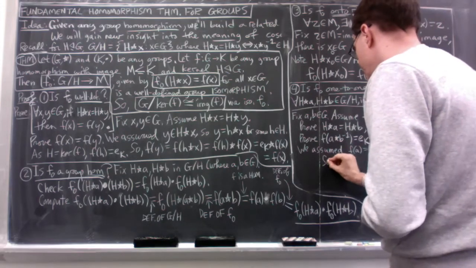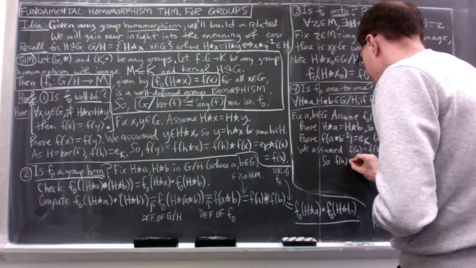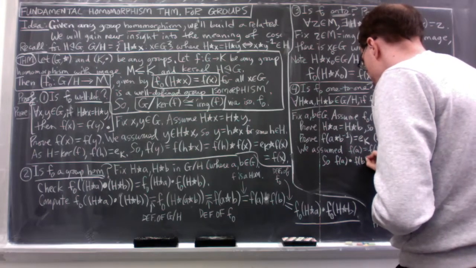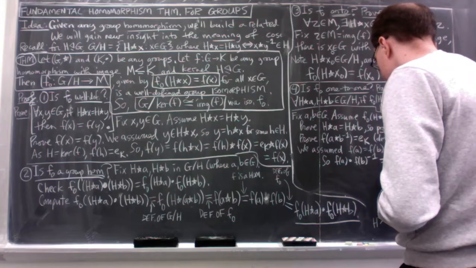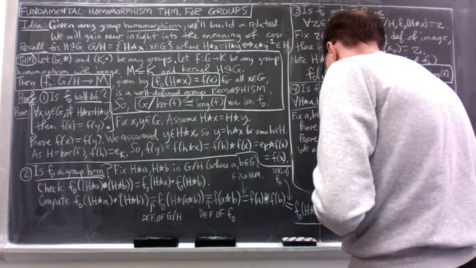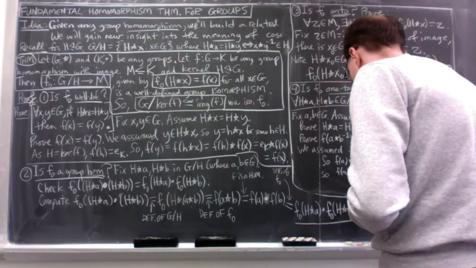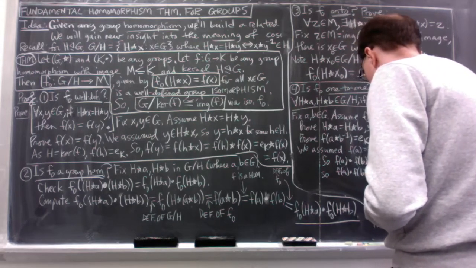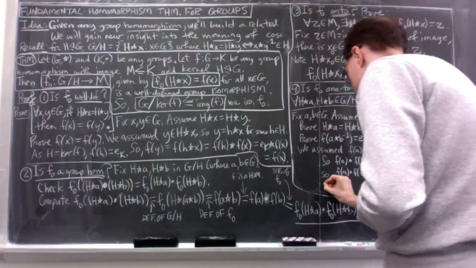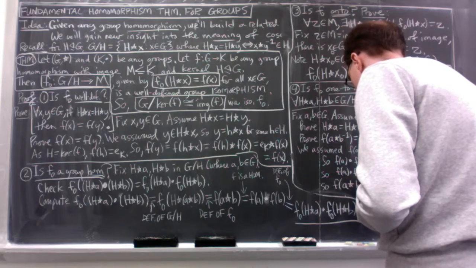But then, by a trick we've seen before, if you multiply both sides in K by f of b inverse, you get e sub K. And then you move the inverse inside. You get f of b inverse is equal to e sub K. And then you use the fact that f is a homomorphism.